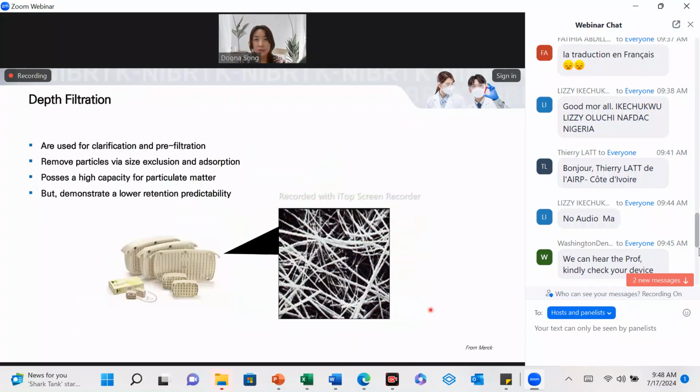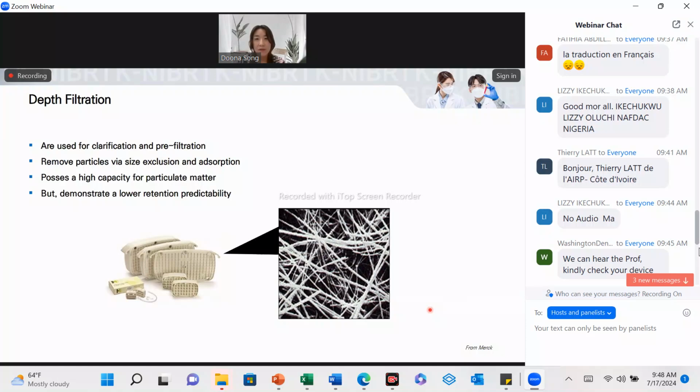Depth filtration is a method used to remove particles and impurities from liquid. These depth filters are different from other types of filters because they do not have a specific pore size.